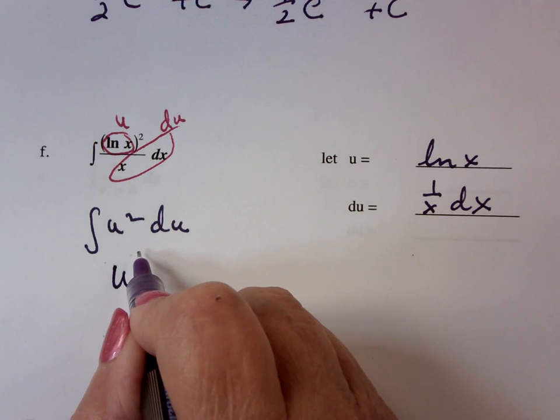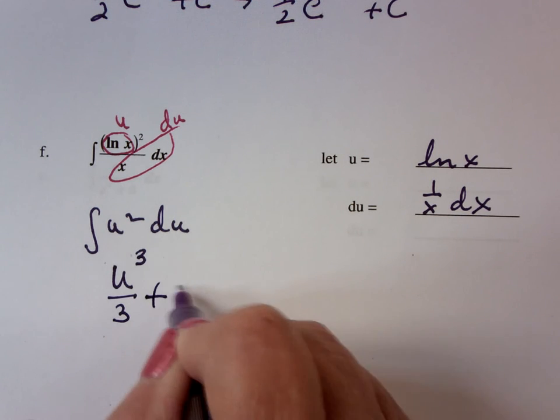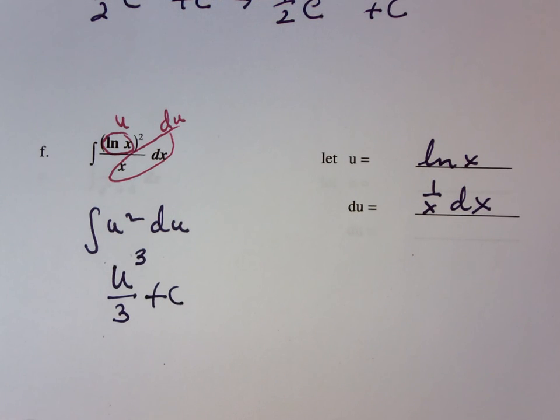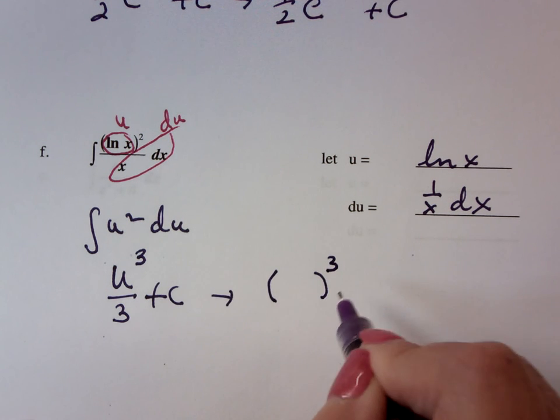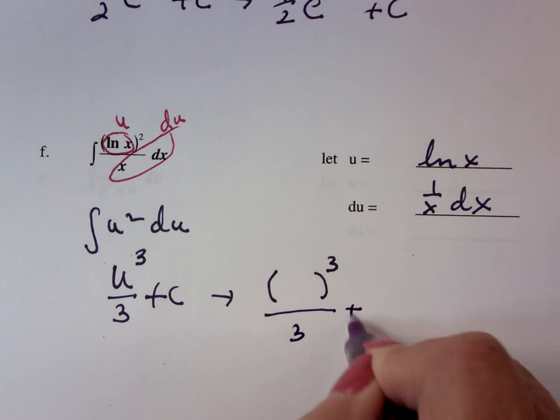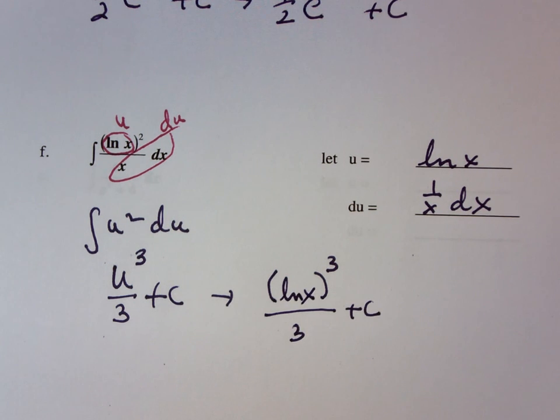U to the third over 3 plus c, which turns into u cubed over 3 plus c, and u was the natural log of x. See, once you moved it out of the way, it ended up being a problem that was not so intimidating. When you look at it originally, it's like, oh my God, you know. Yes?